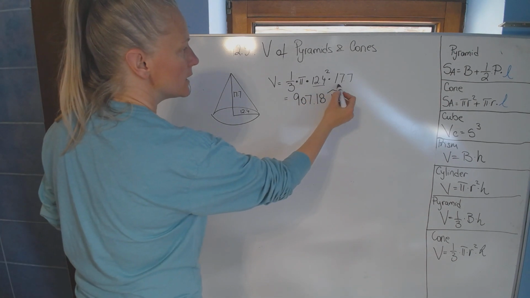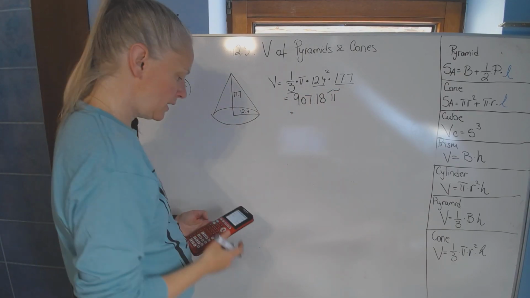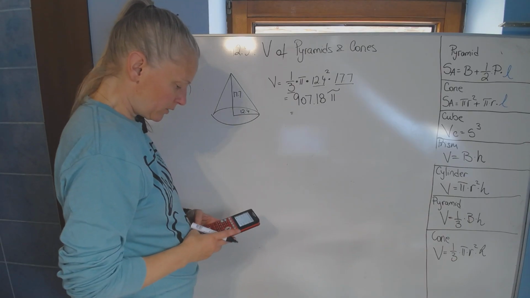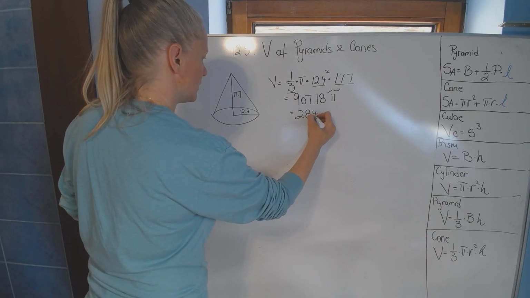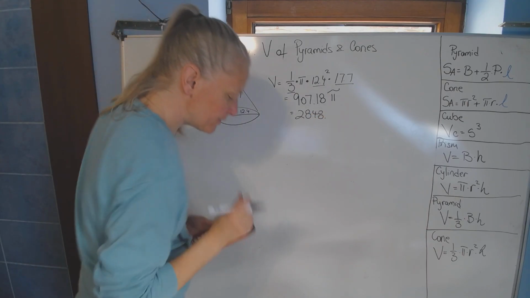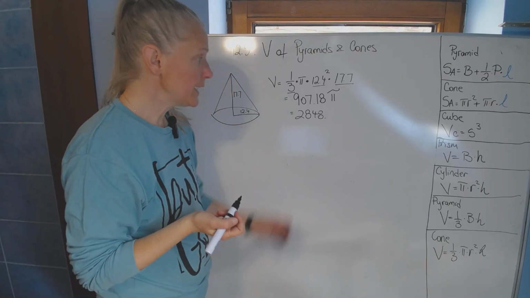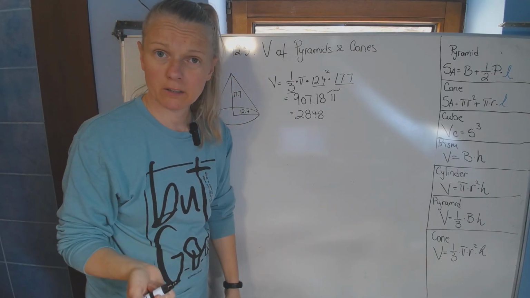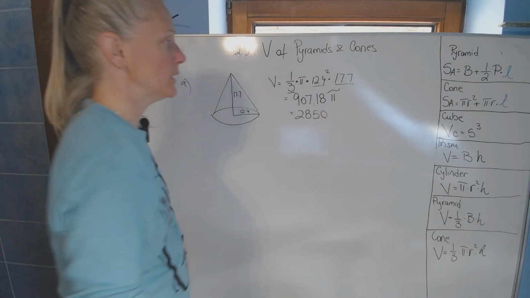All I did is square this, times it by this, and divide by that, leaving the pi in there. If not, you can also times that by 3.14, and you're going to end up with 2848.56. The book is going to be a little bit different because they're using pi, not 3.14. So basically they say this is about this much.